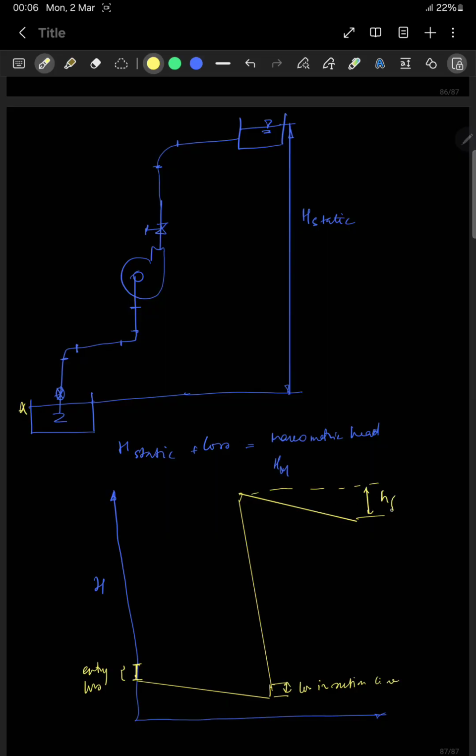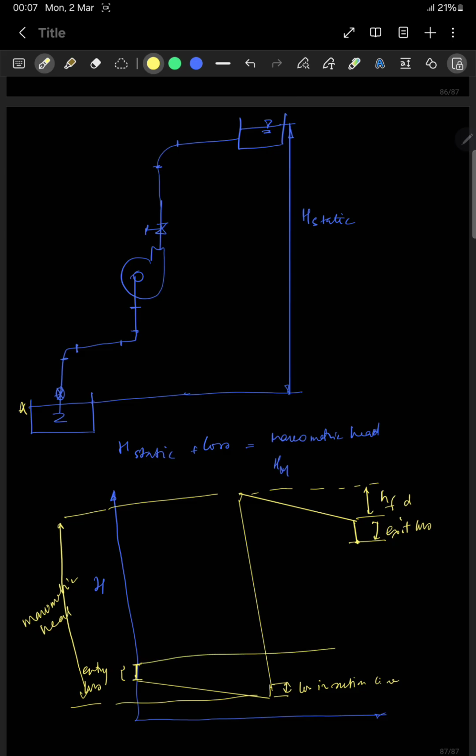This is HF delivery line. This is the exit loss. This is the manometric head. And this is the static head. And this is point B. This is point A. Difference between A and B is the static head.